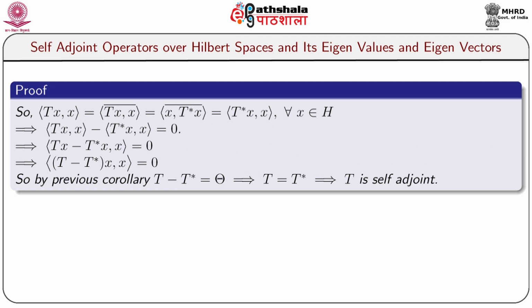This implies that ⟨(T minus T star)x, x⟩ equal to 0. So, by the previous corollary, we see that T minus T star is the 0 operator, that is T minus T star equal to null operator, which implies that T equal to T star, and this shows that T is self-adjoint.